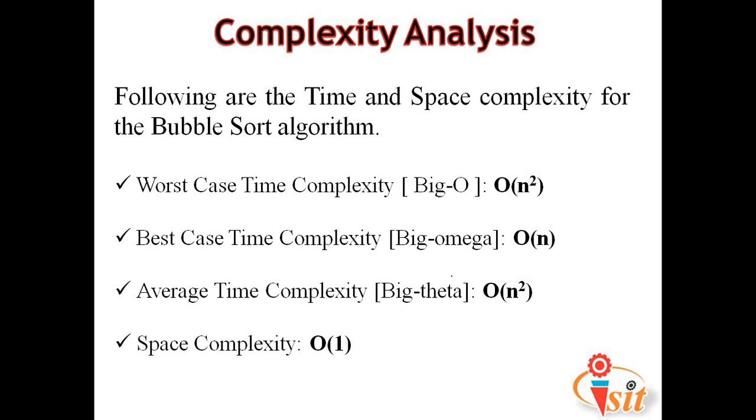And then the space complexity. The space complexity for bubble sort is big O of 1, because only a single additional memory space is required, that is for the temp variable for the swapping purpose. This is the complexity analysis of the bubble sort algorithm.